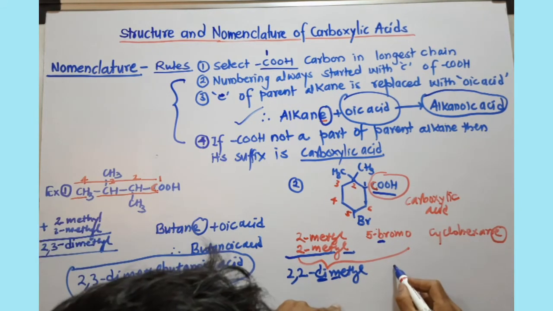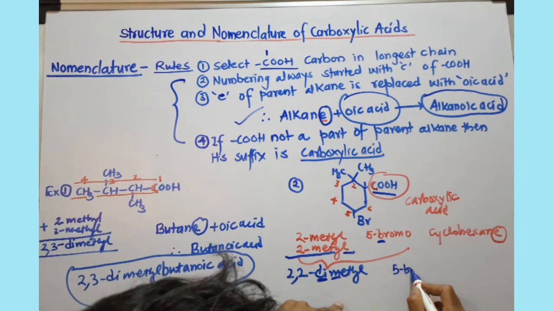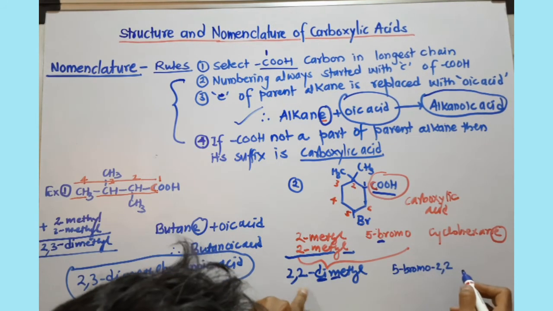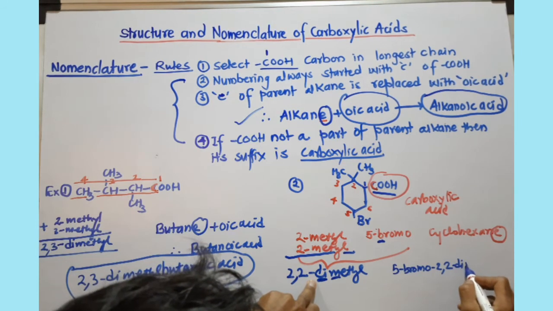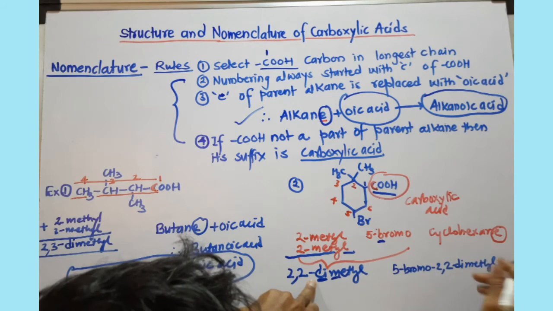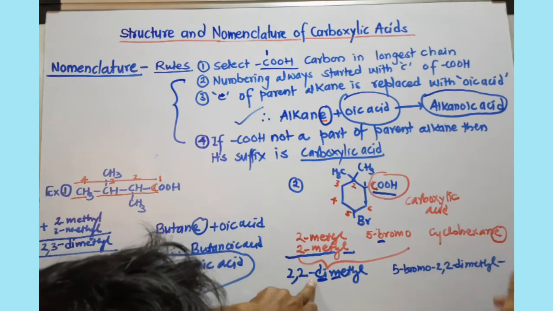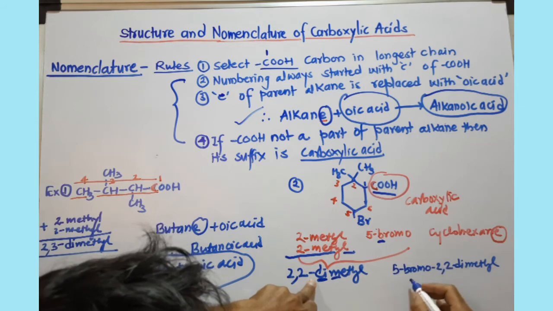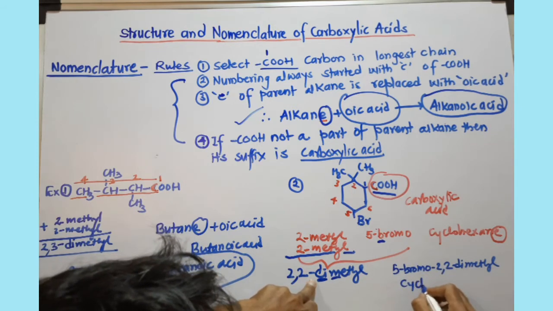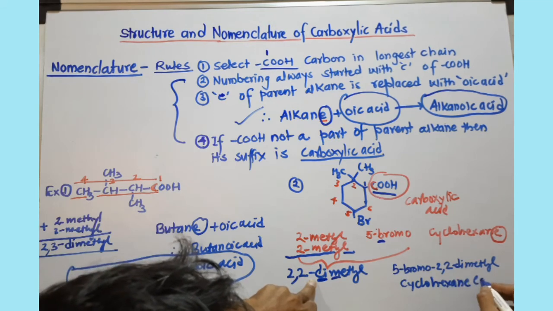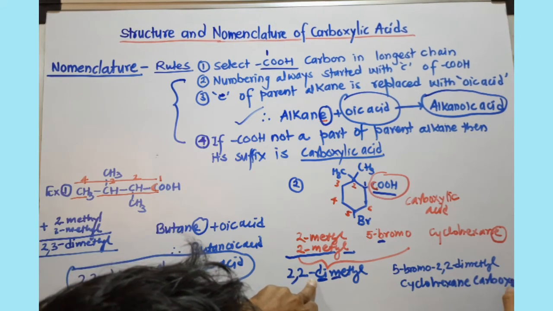So the name of this compound is 5-bromo-2,2-dimethyl. There is no space. I'll continue. Don't give a gap or put a hyphen here. So you continue: cyclohexane carboxylic acid.